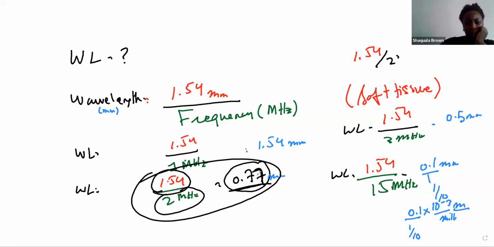I have a question. So the frequency will always be a whole number, correct? No, it's not necessarily a whole number. Why? Because let's say that we have a frequency of 150 kilohertz.